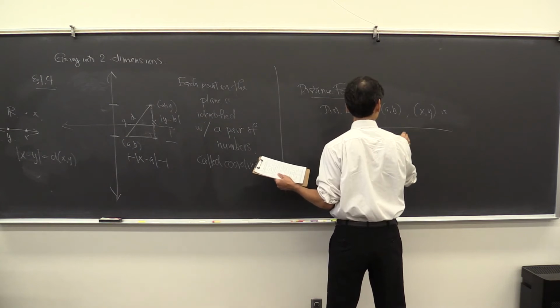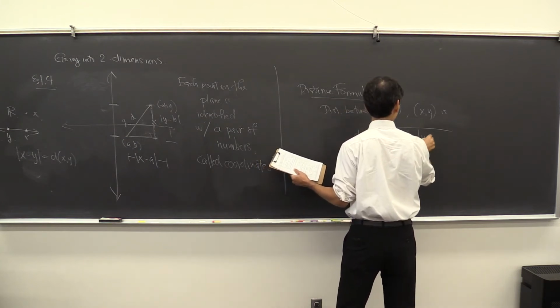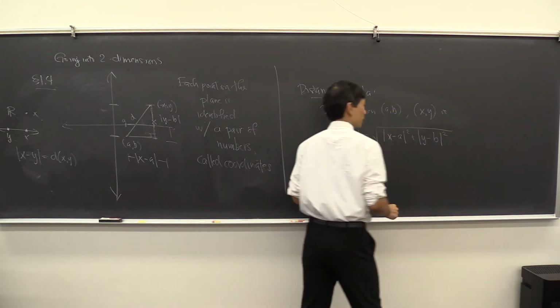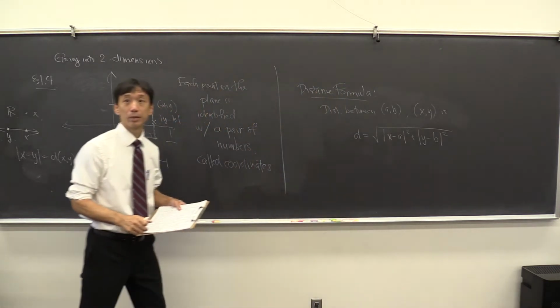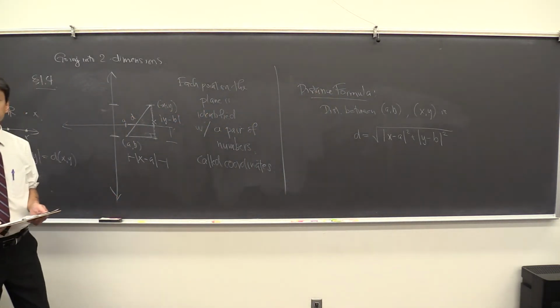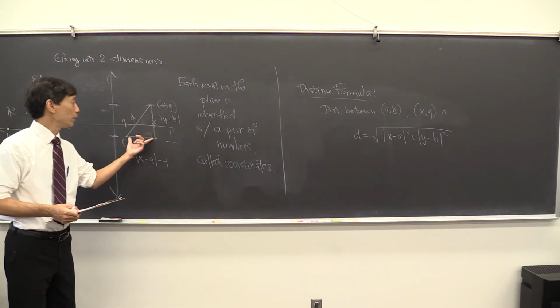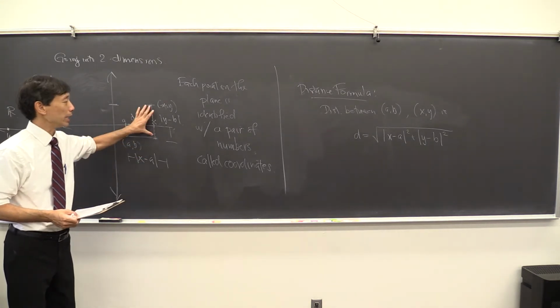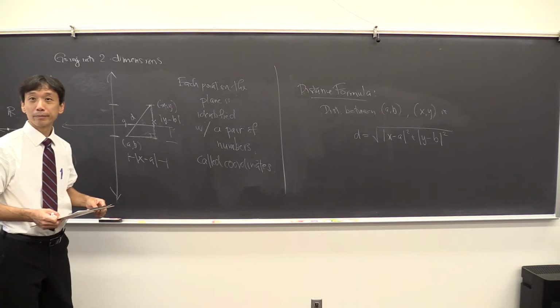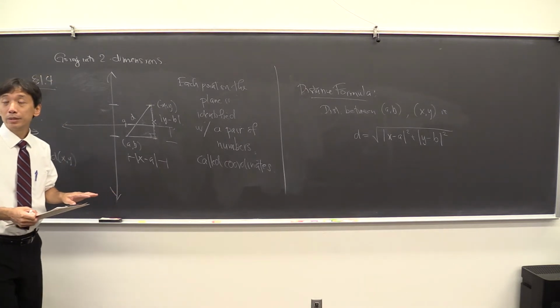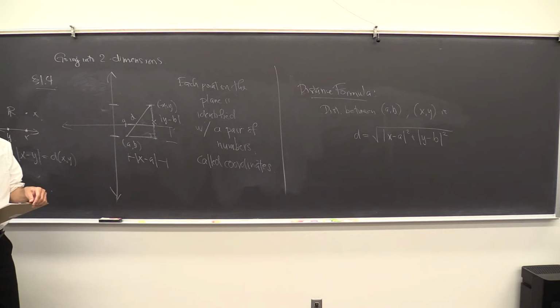So the square root of (x minus a) quantity squared plus (y minus b) quantity squared, right? Because that's the hypotenuse of this right triangle, and we know the lengths here. Is that clear? Anybody have questions about that?